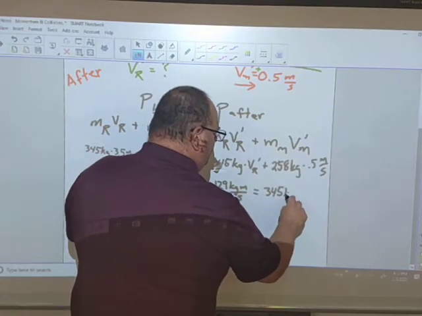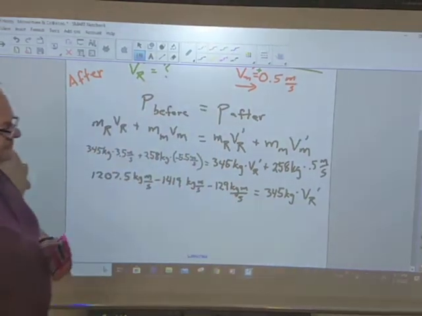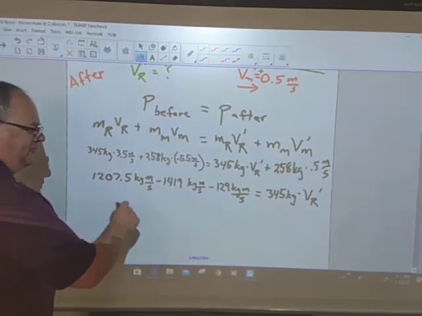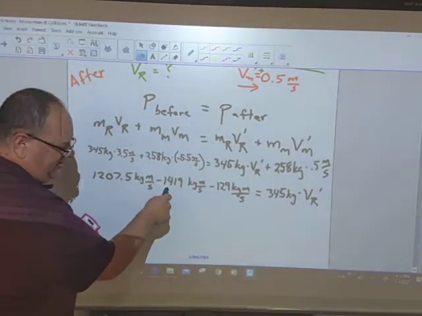equals 345 kilograms times VR prime. Now, these things all have the same labels, so I can just add them together, you know, this plus a minus.